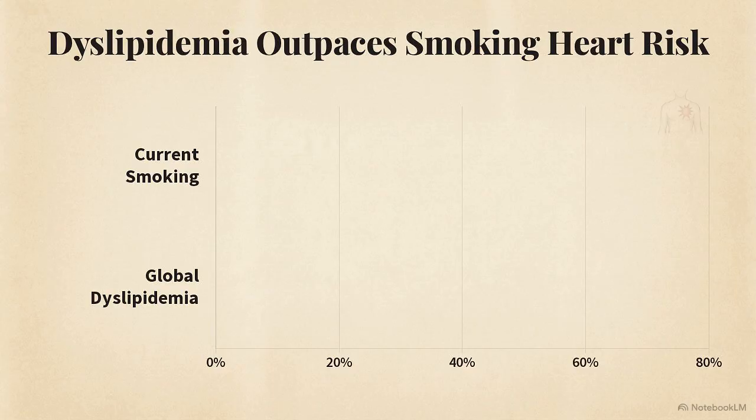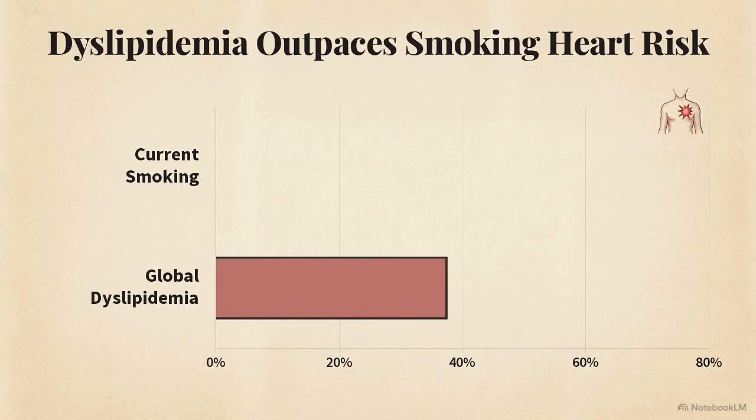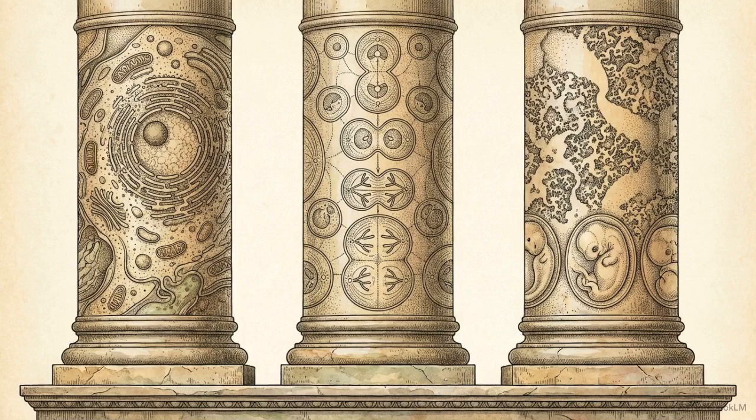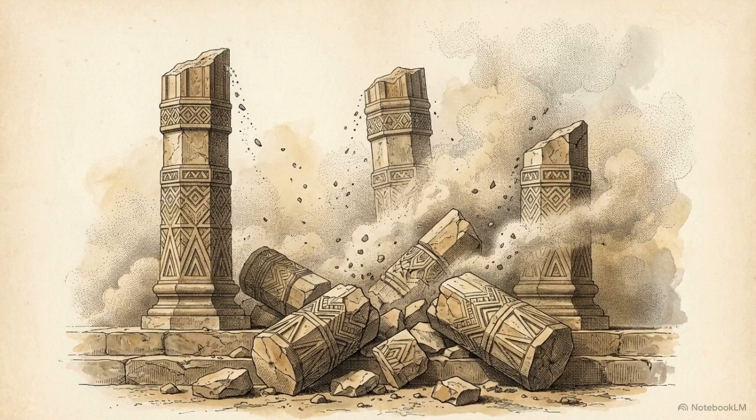While current smoking carries a severe individual odds ratio for myocardial infarction, the population attributable risk for global dyslipidemia, measured by the ApoB to ApoA1 ratio, is 54.1%, compared to just 35.7% for smoking. Ignoring any single pillar of this triad, particle count, genetics, or inflammation, leaves the patient exposed to exponential, unmanaged risk that rivals and often exceeds the damage caused by severe lifestyle factors.